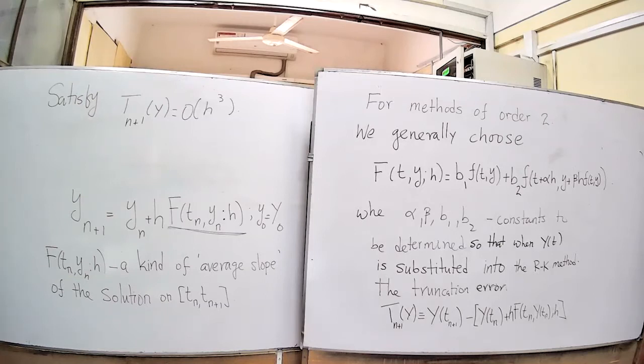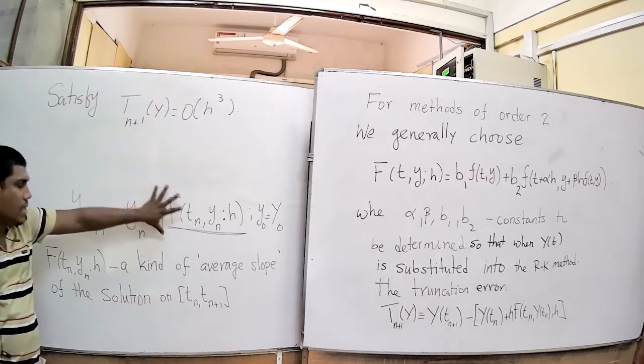Okay, so how we are going to determine the constants alpha, beta, b1, b2 is such that the truncation error, that is this minus this, is small.